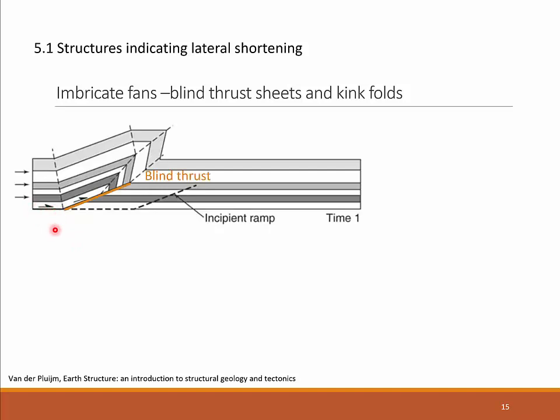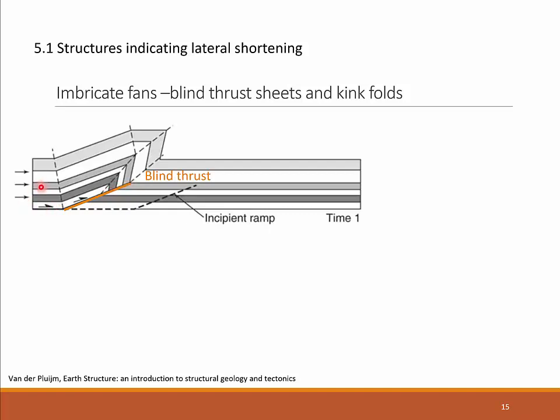We have formed a so-called blind thrust, and in contrast to the flat ramp structures or the duplex structures that we have seen before, there is no upper flat thrust or no covering thrust plane in this case. That is why we call these ramps blind thrusts. They do not continue into an upper flat fault structure.